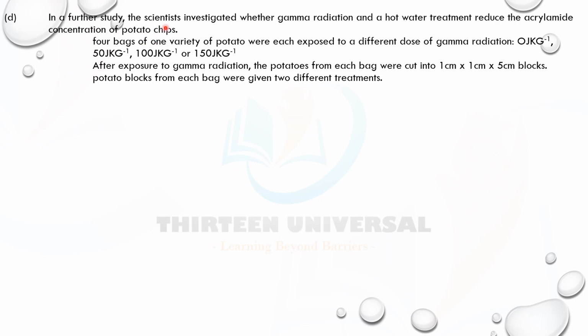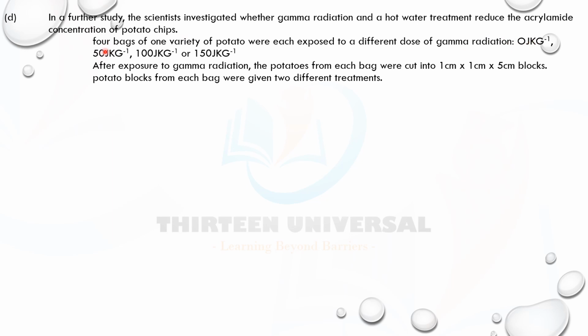In a further study, the scientists investigated whether gamma radiation and hot water treatment reduces the acrylamide concentration of potato chips. So now this time we're using gamma radiation and hot water, to check whether hot water has effects apart from gamma radiation. Four bags of one variety of potato were each exposed to different doses of gamma rays.